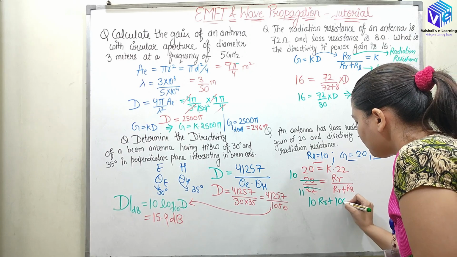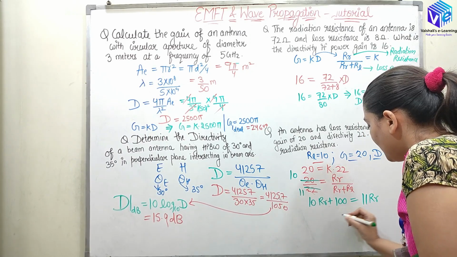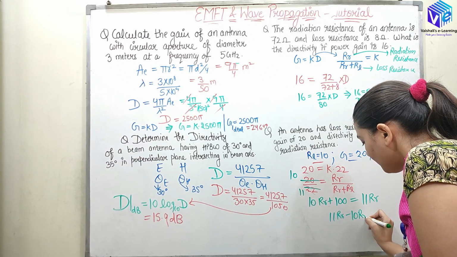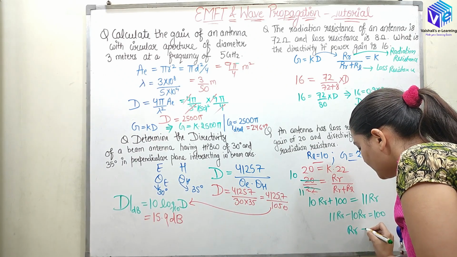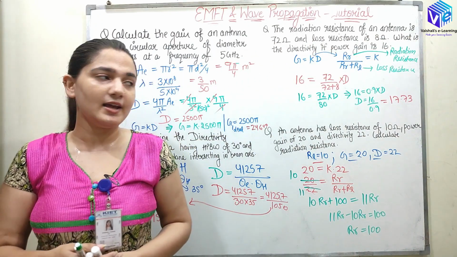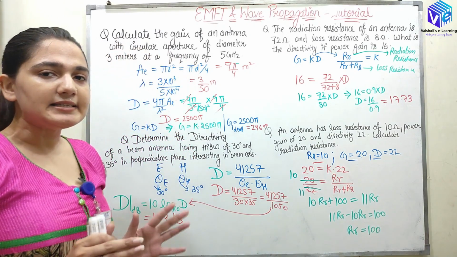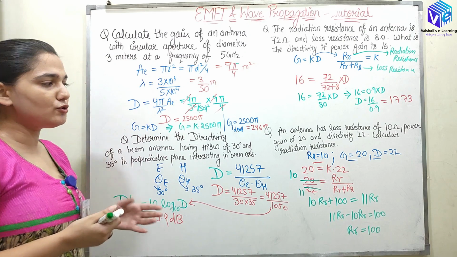So 10 into 10 will be 100. So here I have 11 RR. Okay, so 11 RR minus 10 RR will be equal to 100. So which means radiation resistance is equal to 100. This was a simple linear equation, and with the help of this simple linear equation I can easily find out what is RR.